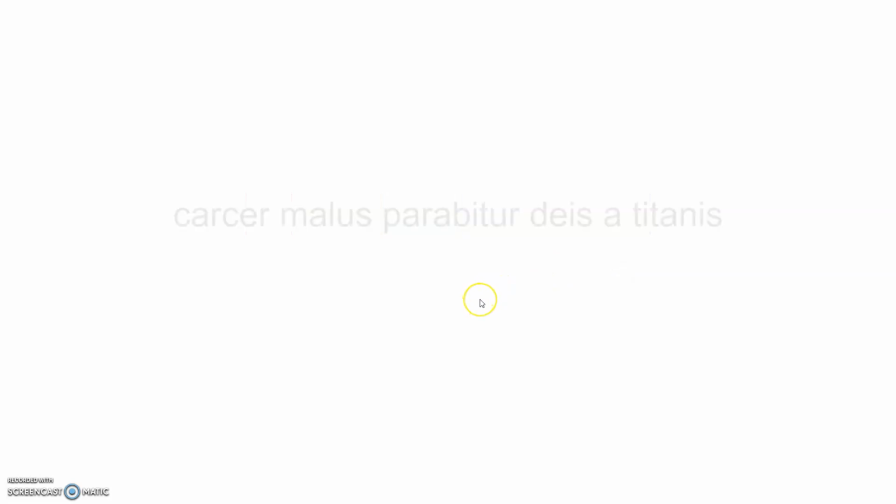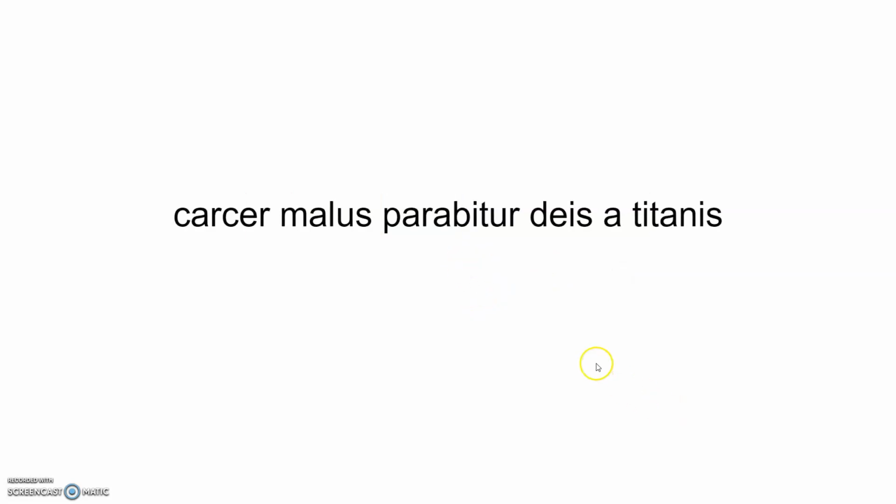I believe that we don't have any more color-coded ones, but let's look back over this. Carcer malus parabitur deis a titanis. So, first off, without any help here, we've got our subject, carcer malus, the evil prison, the wicked prison. Parabitur. We got para, we know it's some form of prepare. Bi, we know it's in the future. Will prepare.